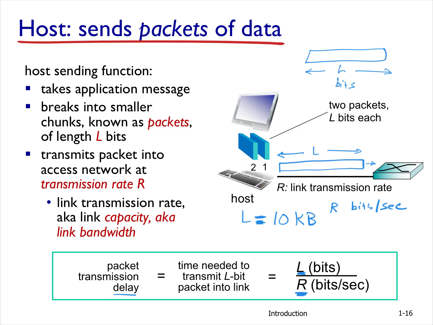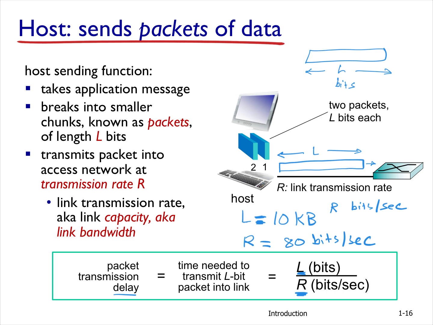Okay, and I have a link speed R equal to 80 bits per second. Okay, what is the time to transmit this packet? Slow. Just tell me how much? I want the number. Calculate. 125 seconds.